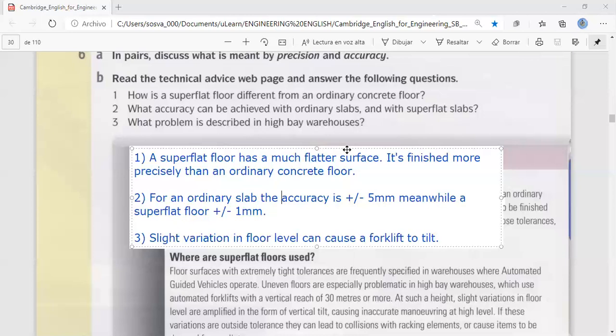It's known as the worst forklift accident ever. Let me upload it in here.